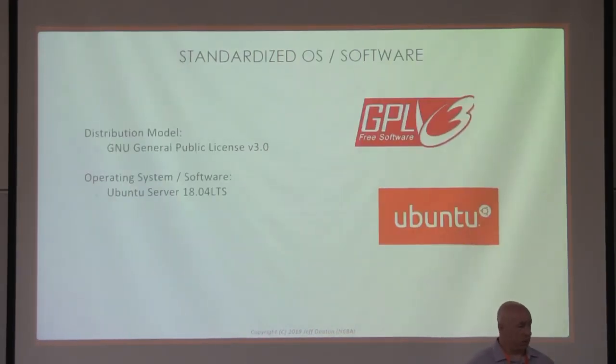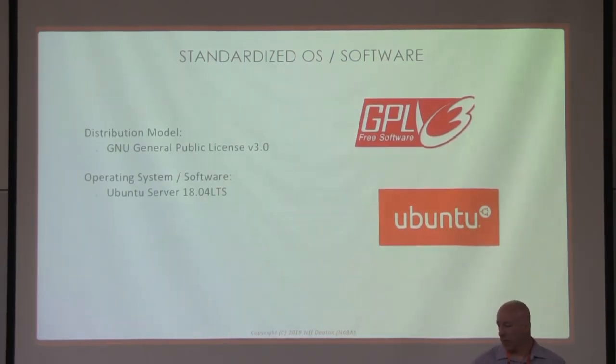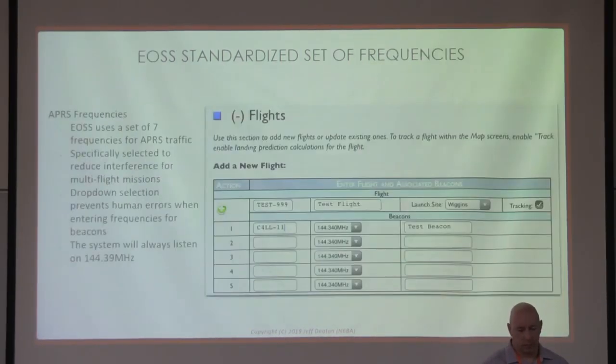We adopted a GNU GPL 3.0 distribution model. Almost have to do that, since a lot of the bricks that this is built on, that's probably a poor choice of words, a lot of the foundation that this is built on is already open source. And picking an Ubuntu distribution just allows us some flexibility. That's a very popular distribution.